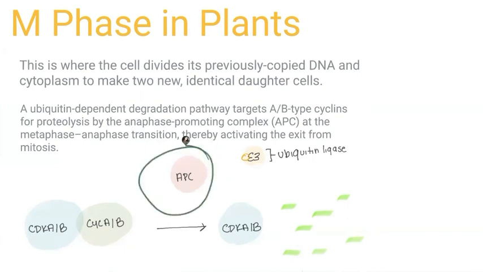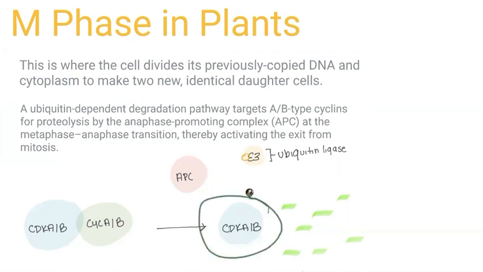It targets the A and B type cyclins and has them degraded using an E3 ubiquitin ligase. You still keep the CDK A and B, but you're getting rid of the cyclins, and that promotes the movement from M phase to G1 phase.